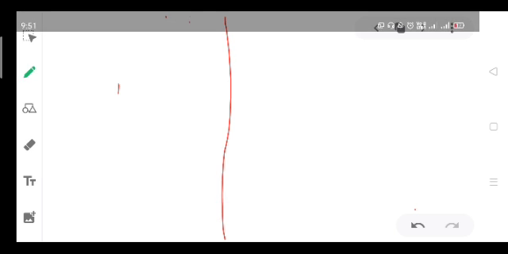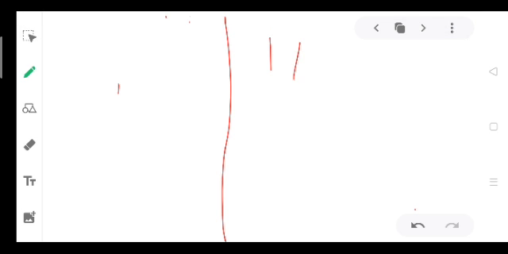11. 11 you know very well. Firstly expand 11. 11 becomes 10 plus 1. So what is the Roman numeral for 10?